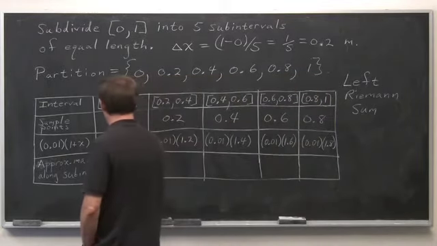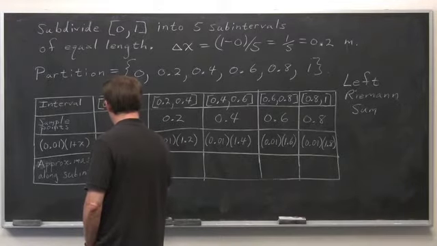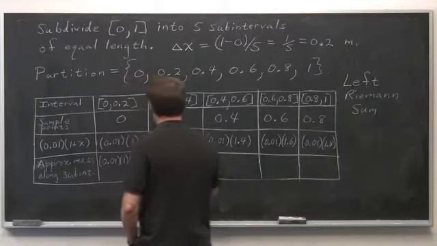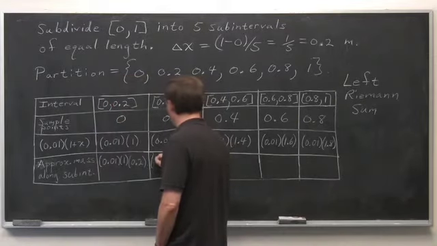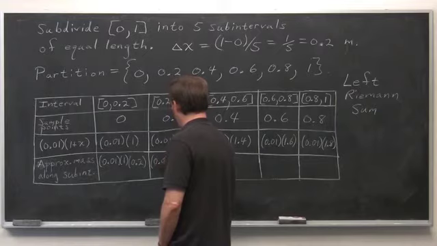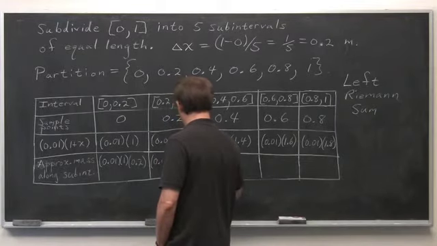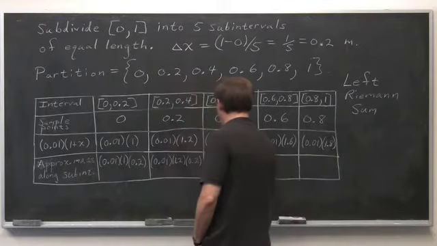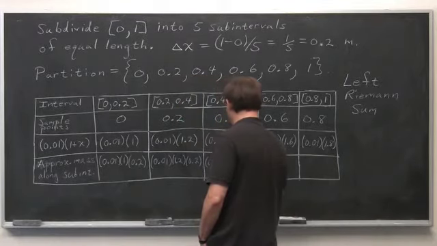So down here you'll get 0.01 times 1 times 0.2. You just multiply each one by 0.2. Here, 0.01 times 1.2 times 0.2. And you continue. This gets really old really fast.